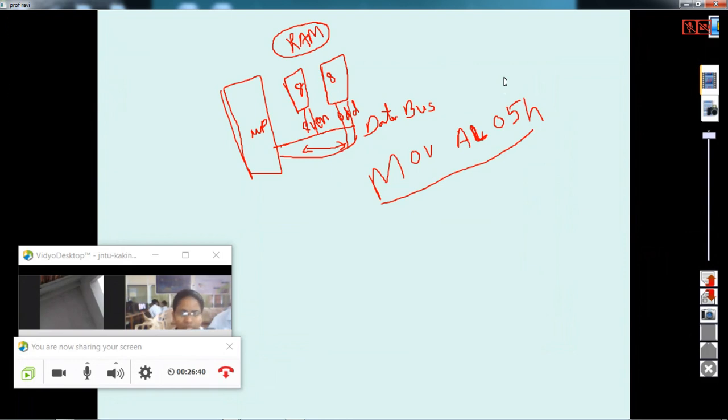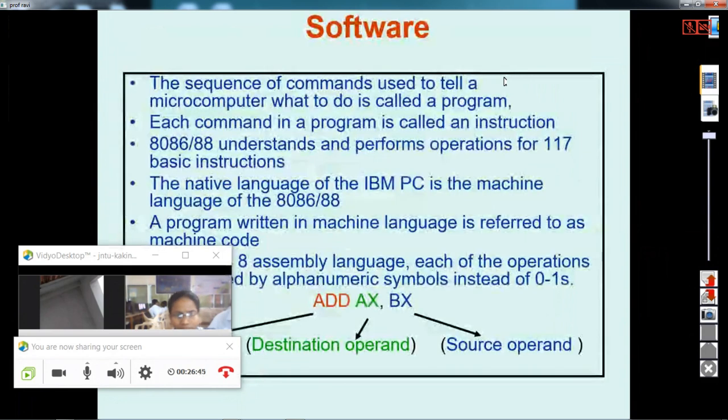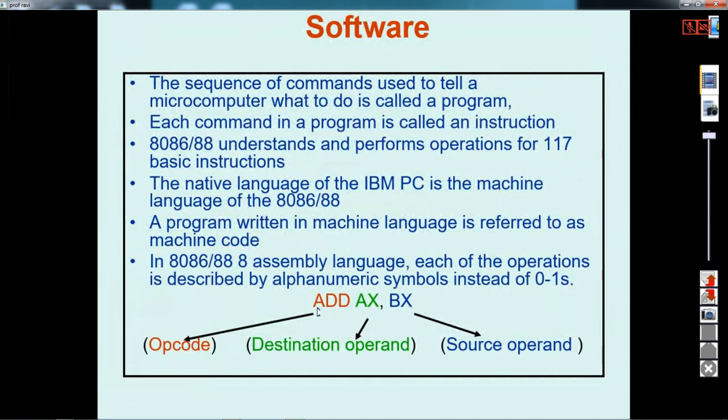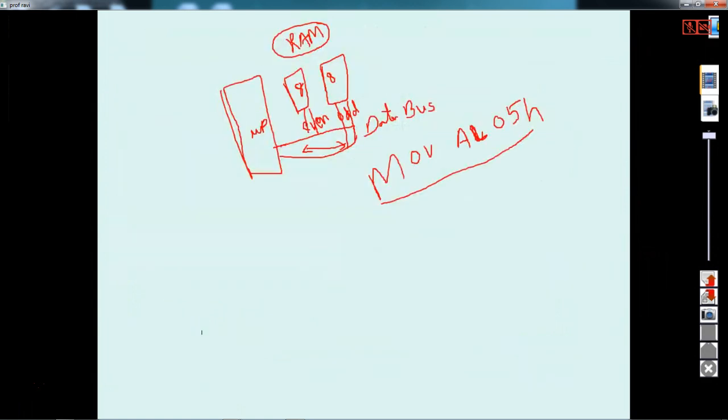Now, any instruction consists of two parts: opcode and operand. The opcode will tell you what instruction I am writing.